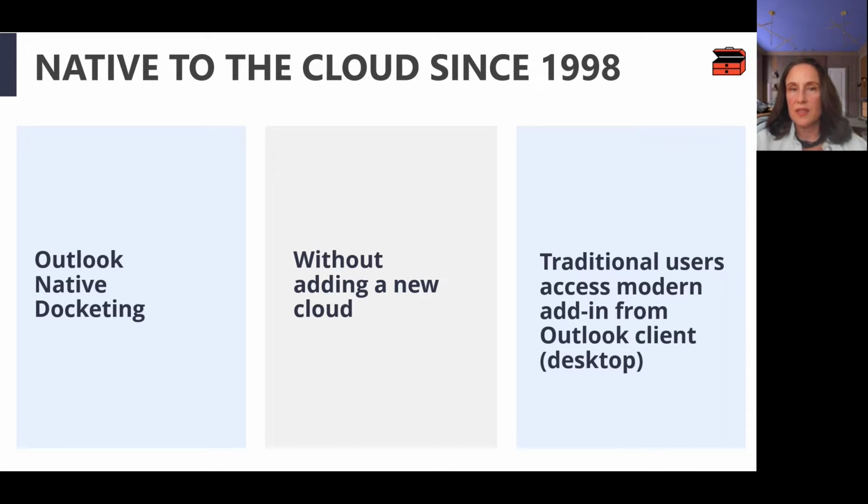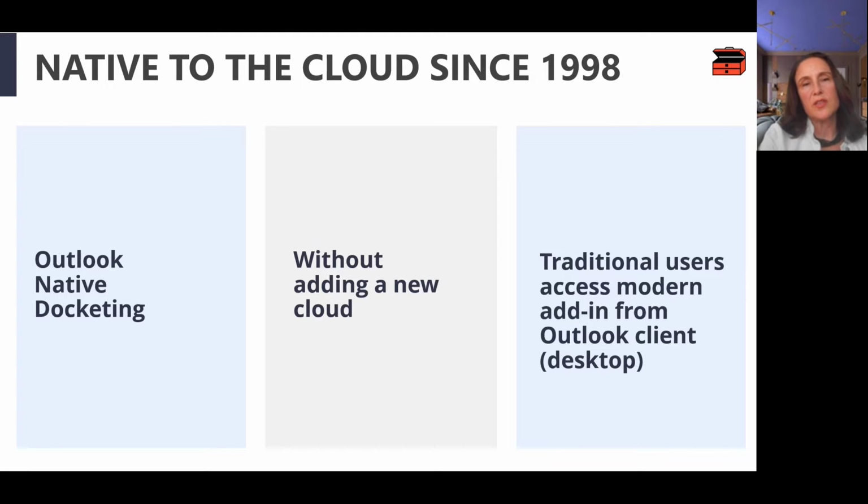One is a hybrid one, and that's Microsoft. The other cloud they oftentimes live in is a cloud for their DMS. Those are usually the two clouds they have. When they onboard our docketing software, there's no new cloud. We live in their Microsoft 365 cloud.